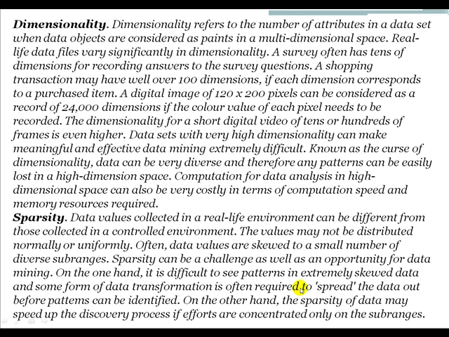On the one hand, it is difficult to see patterns in extremely skewed data, and some form of data transformation is often required to spread the data out. So you may have it located in just these small regions, and you want to spread it out before patterns can be identified. On the other hand, the sparsity of data may speed up the discovery process if efforts are concentrated only on the subranges.